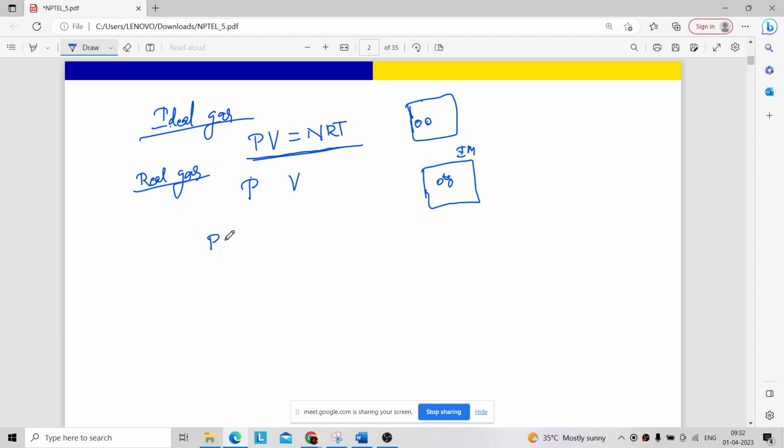So for that, we'll get some correction to pressure, like n square a by V square, where this term represents the interaction between two particles in the box.